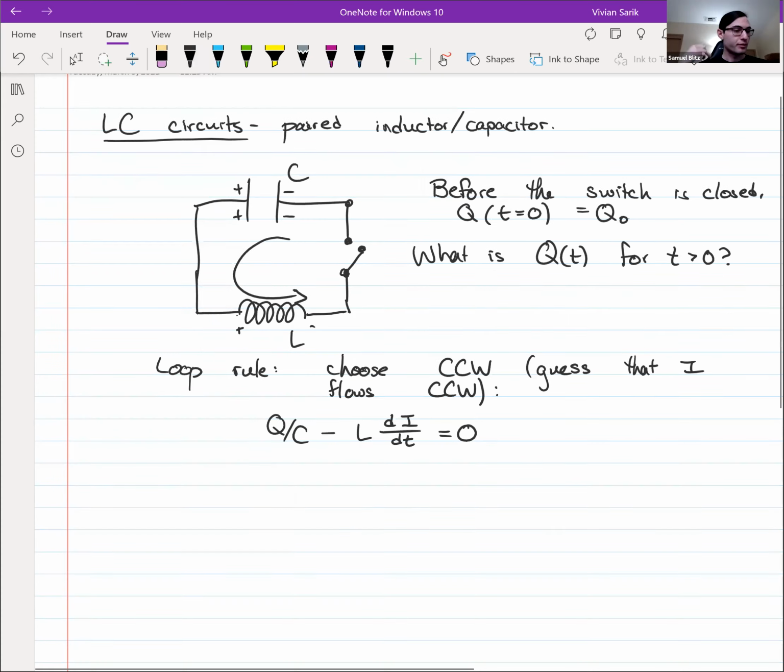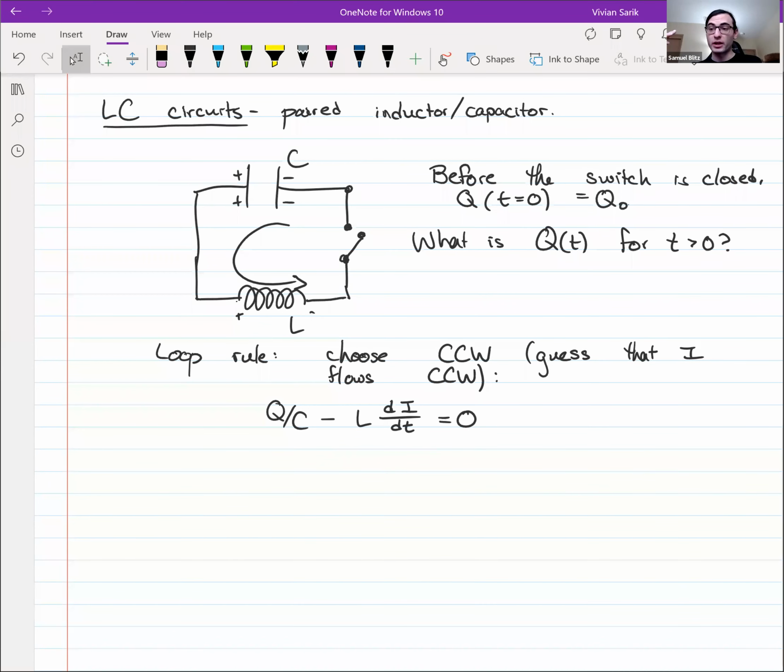And so now we just need a quick reminder about how the charge on a capacitor relates to the current. Recall that the current flowing into or out of a capacitor is the rate of change of charge in that capacitor. In this case, the charge in the capacitor is decreasing as the current flows in the positive direction.